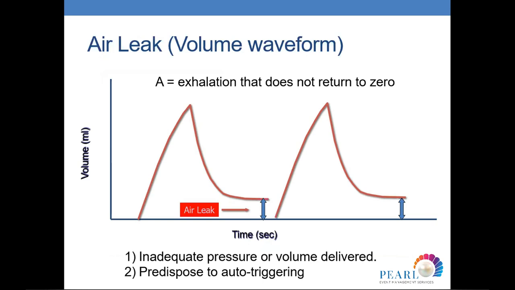And the problem with this is that a leak can cause auto-triggering. What happens when there is a leak from the ET tube? The air coming around the ET tube can generate a sort of negative pressure. And if there is a very high sensitivity trigger, the machine can pick it up as a trigger. So you need to be careful sometimes.